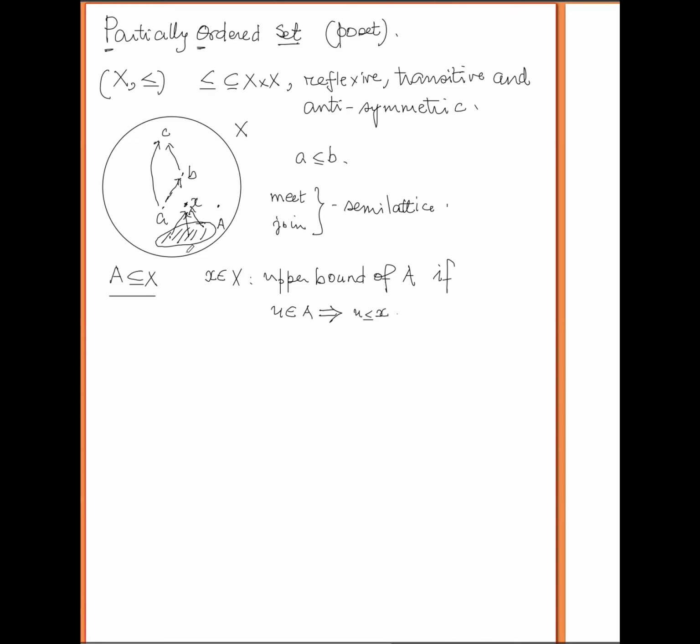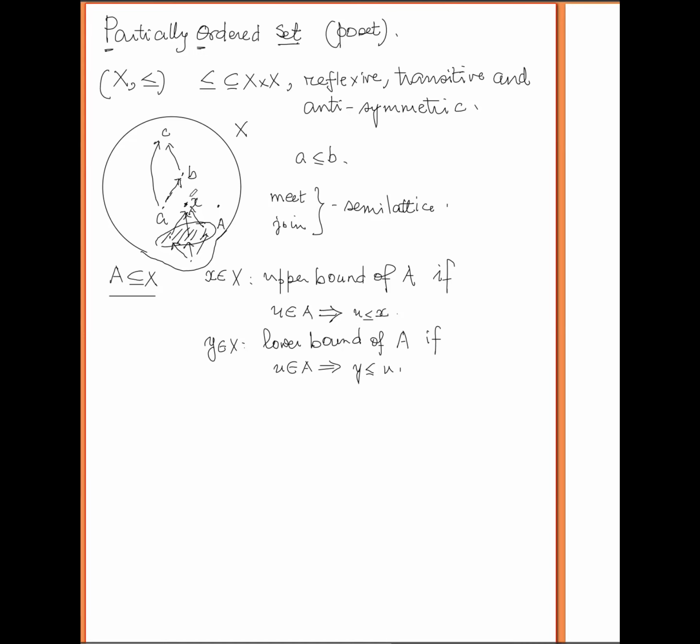And if you have the dual side of the story, then you would say it's a lower bound. If again U in A implies that Y is less than or equal to U. So if it is something like this, then you want to say something like this.